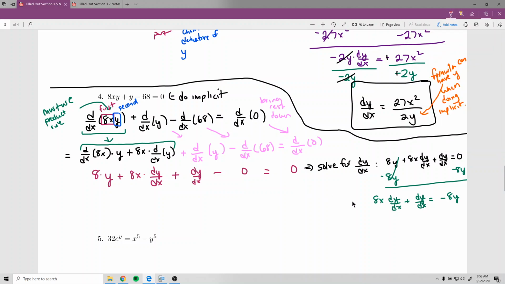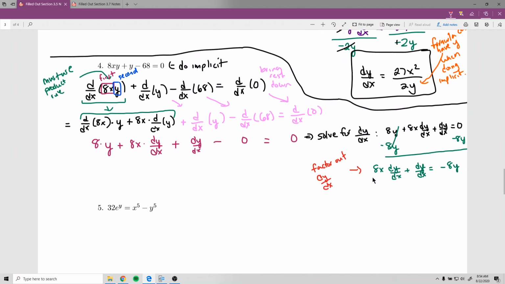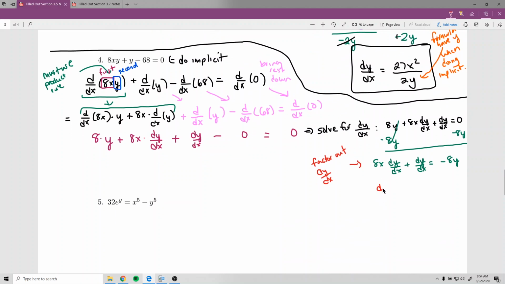And now factor out the dy over dx. It's just like a different letter, different variable. You can factor it out like any number or variable. Let's go ahead and do that. We got dy over dx taken out. And on the left side, the first term here, we have an 8x left. In the second term, we took out the whole thing, so there's a 1 left. And that equals negative 8y.